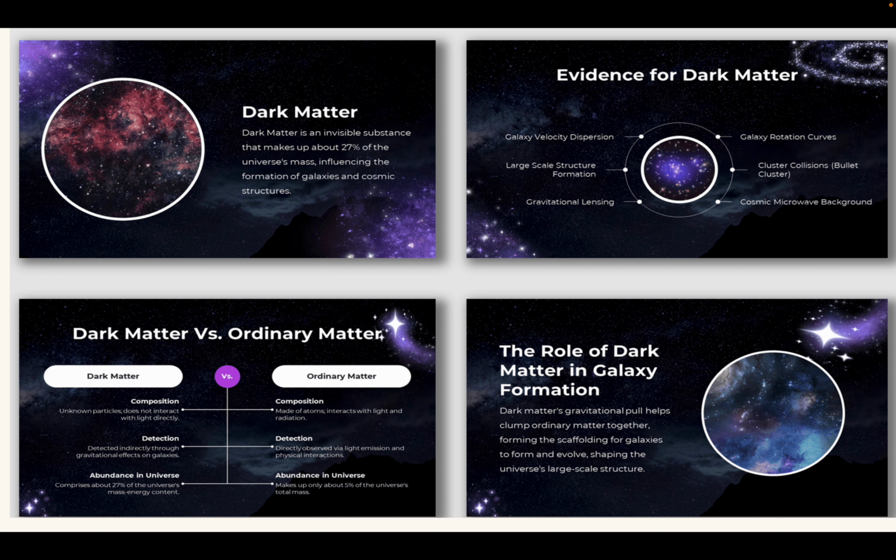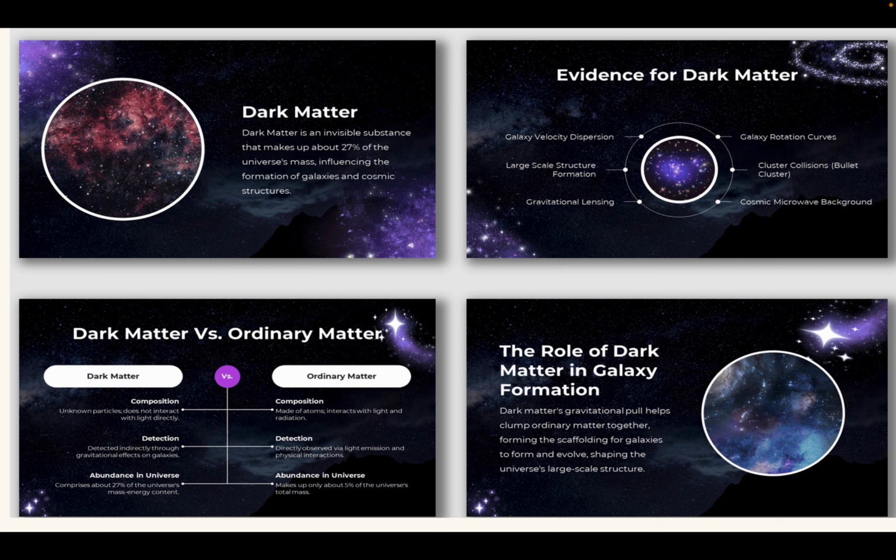What is the difference between dark matter and ordinary matter? Ordinary matter is made of atoms and interacts with light and radiation, whereas dark matter is made up of an unknown particle. We still have no idea what particle dark matter is made of. Dark matter is detected indirectly through its gravitational effect on galaxies, whereas ordinary matter is detected via light emission and physical interaction.